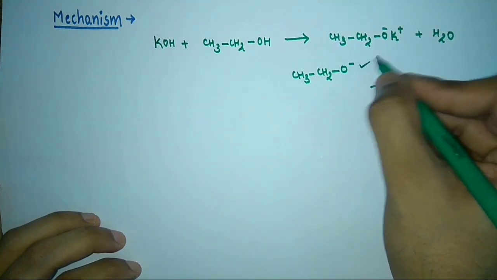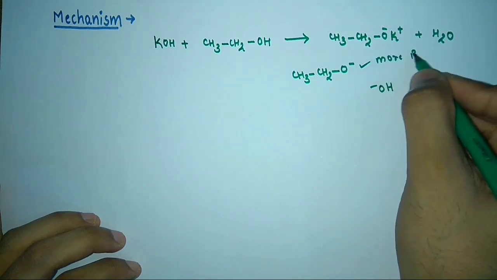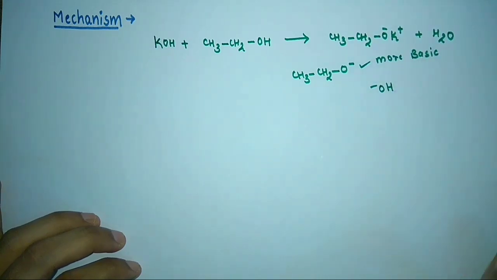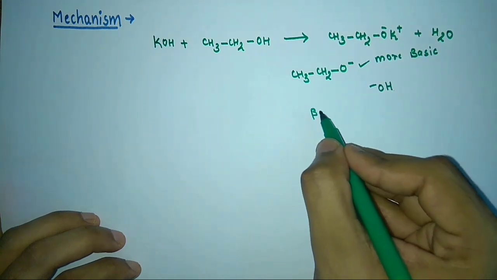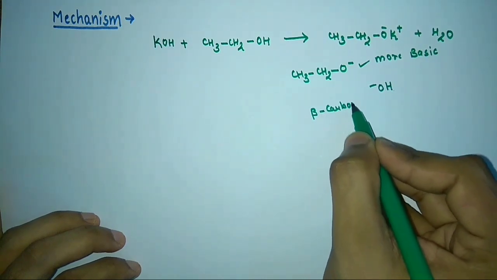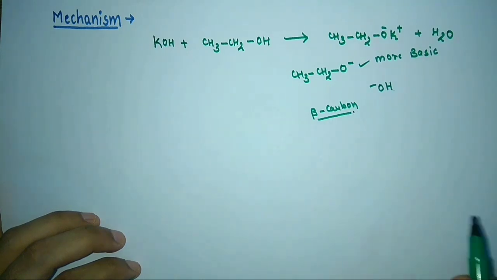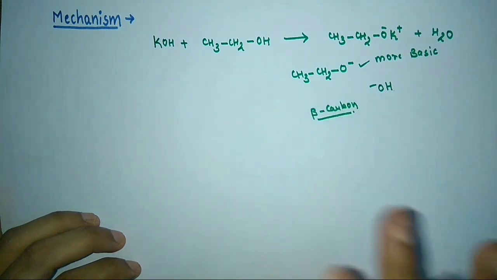Okay, and hence it can easily abstract a proton from the beta carbon, and hence it leads to the elimination reaction, that is dehydrohalogenation.